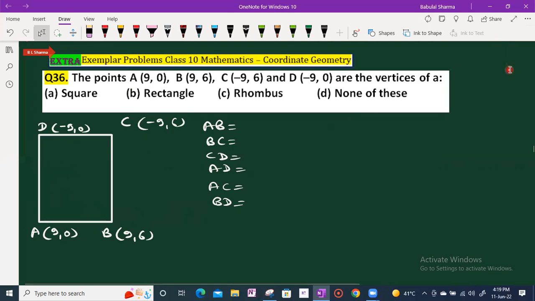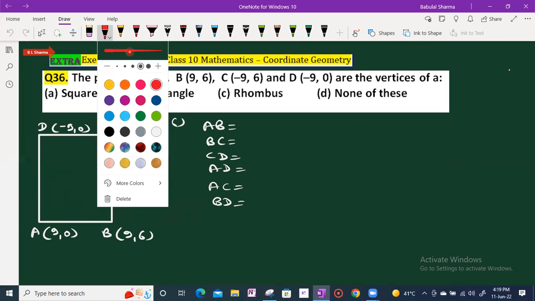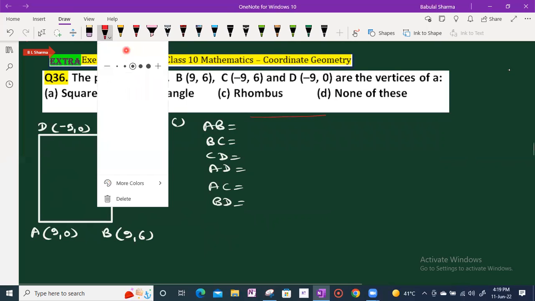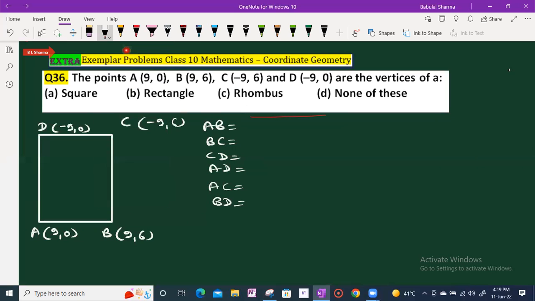So using the distance formula, first we find out AB. Here we can use the formula: square root of (x2 minus x1) whole square plus (y2 minus y1) whole square.